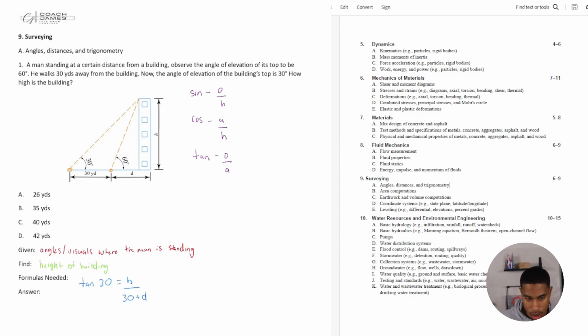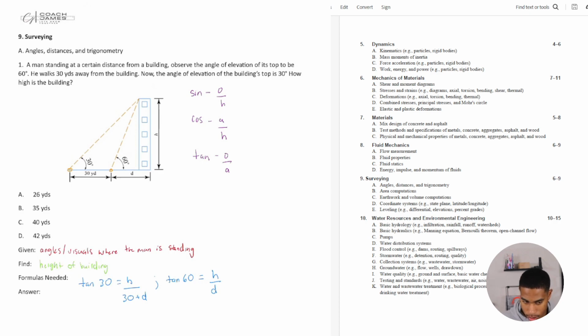Is there anything else we can do with this? We can create another formula. If we look at the next point where he stands with the 60-degree angle, we could say that the tan of 60 is equal to h over d.